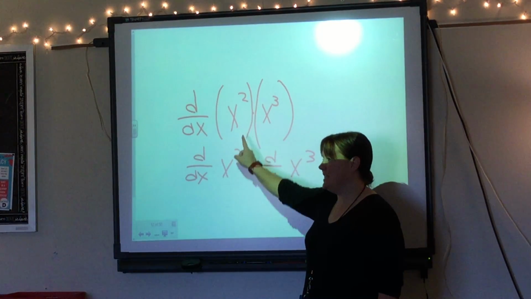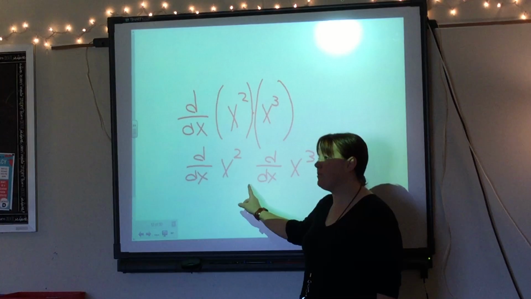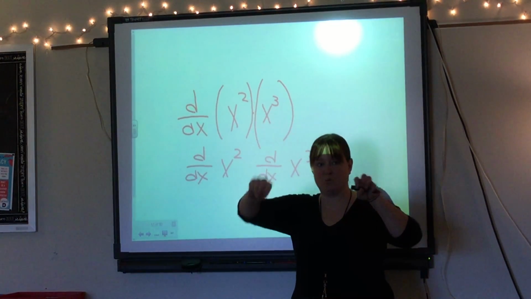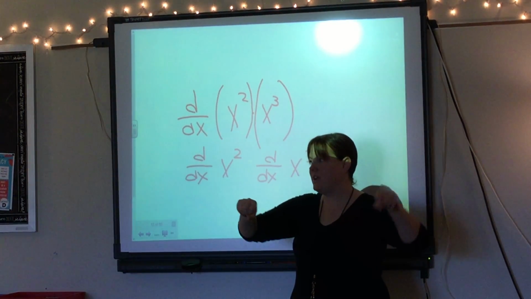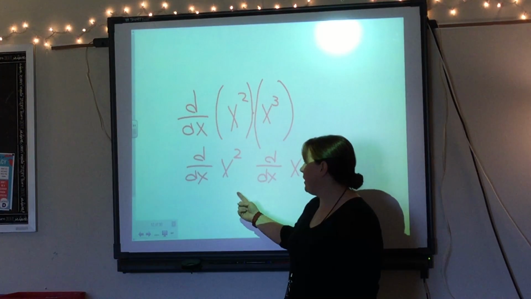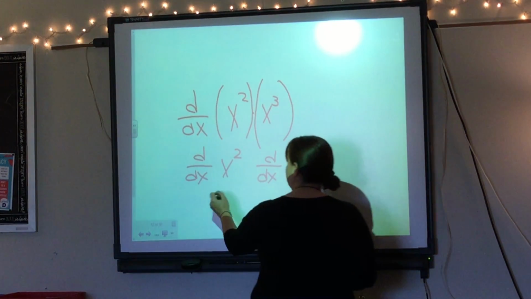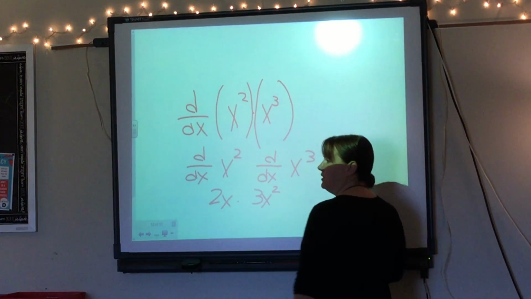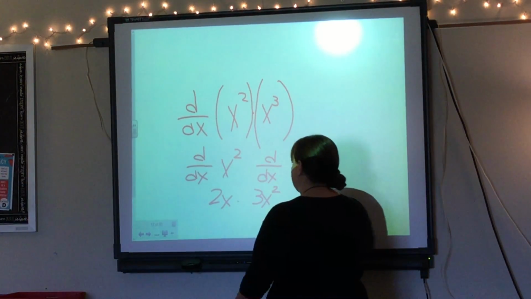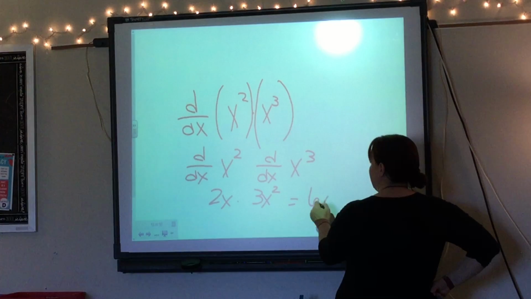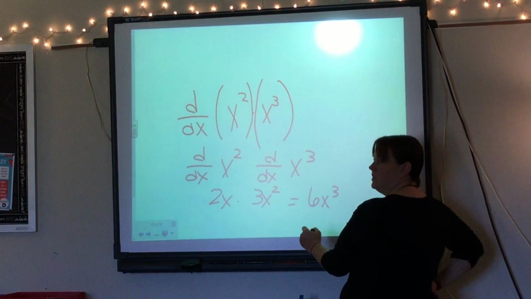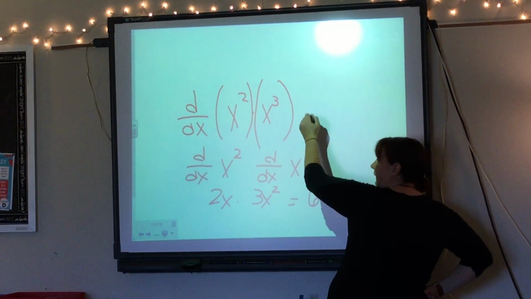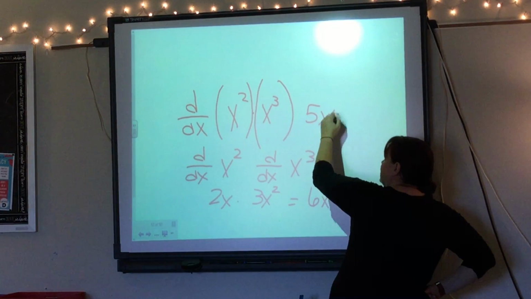My question is, does this equal this, right? Remember when we did terms, we add them together, we take the derivative of each term. I told you to try it this way, and Carter, you got 2x times 3x squared. So we took the derivative of this, multiplied it by the derivative of this, and that gives us 6x to the 3rd. That's wrong. But we know for a fact that the derivative of this one is 5x to the 4th.